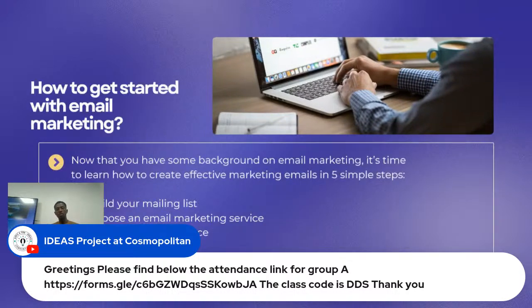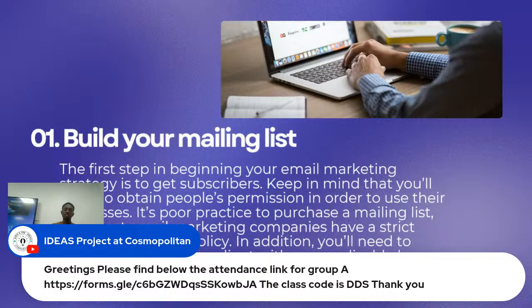So the first one was build your mailing list. The first step in beginning your email marketing strategy is to get subscribers. Now, how do you get people to subscribe to your email marketing list? One of the things that companies usually do is to create a blog.